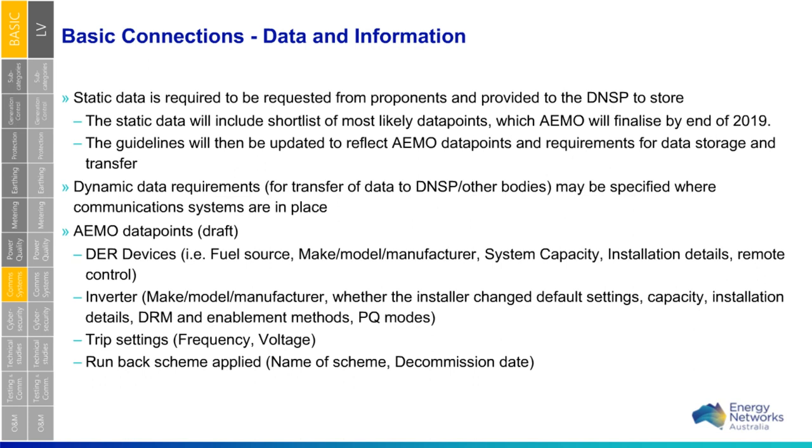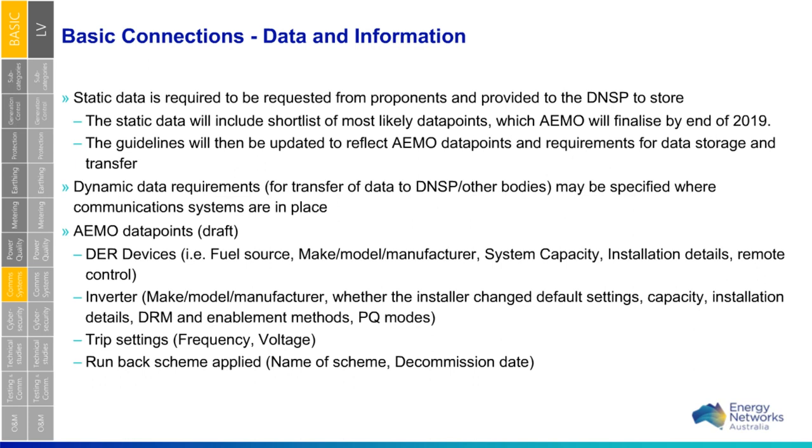So, data and information. I think Stuart might have mentioned there's a lot of things happening at the moment with OEN and also AEMO's DER register development, which is going to be finalised at the end of 2019. So through the guidelines, we just aim to incorporate the static data that will be required for that purpose for DNSP stores, and we've just listed some of those there in draft format on the slide, though they'll be finalised later next year.